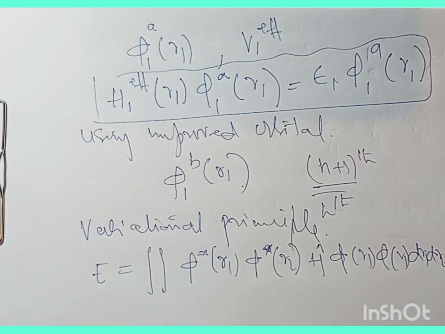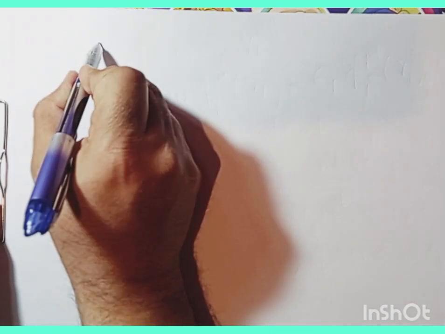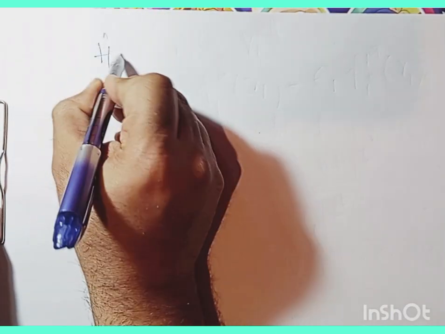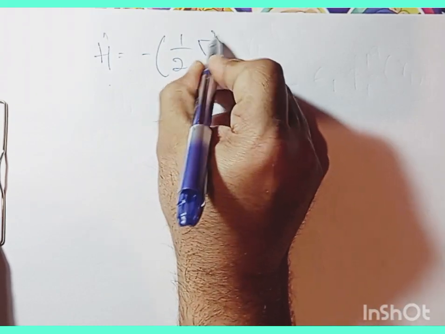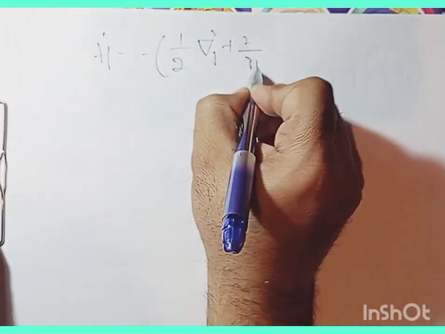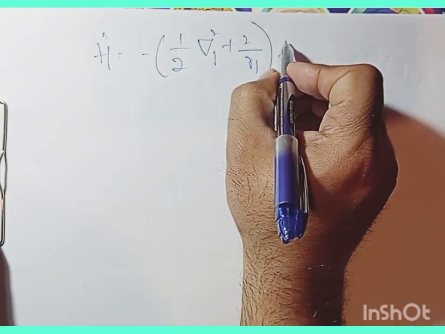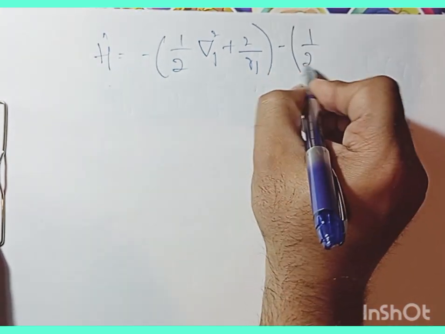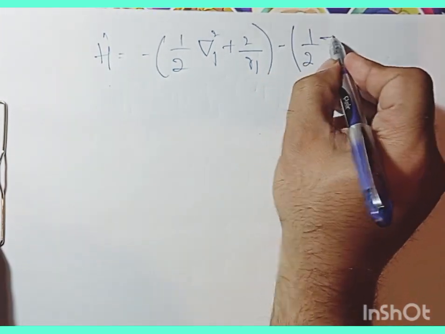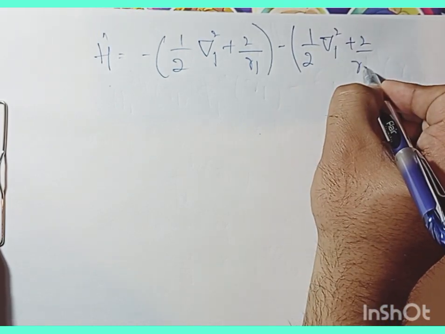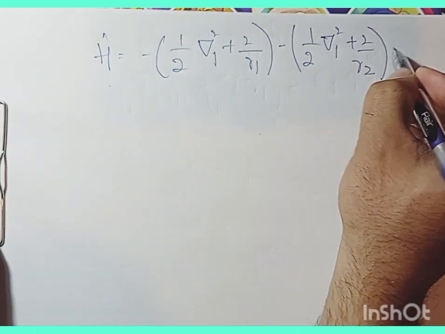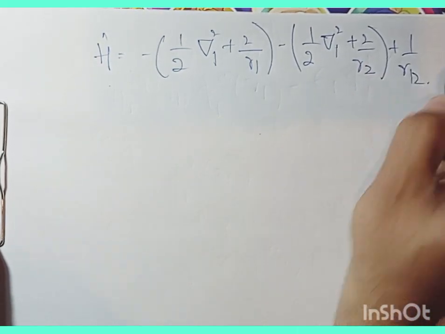So what's our Hamiltonian here? If I write down the Hamiltonian for helium, it is minus 1 by 2 del 1 squared plus 2 by R1, so this is for electron 1, minus 1 by 2 del 2 squared plus 2 by R2, then plus 1 by R12.